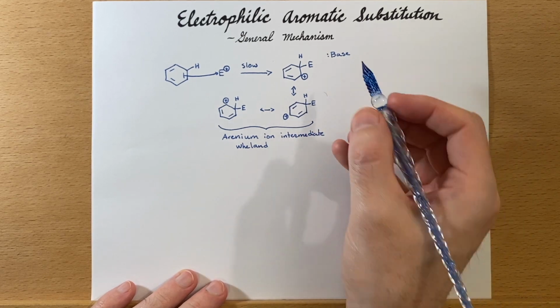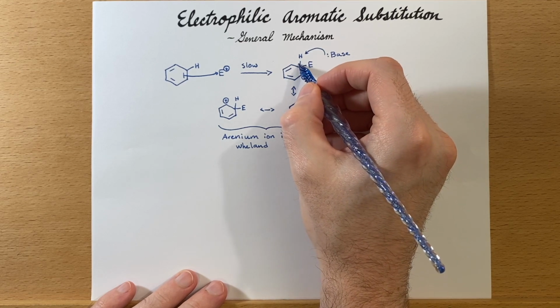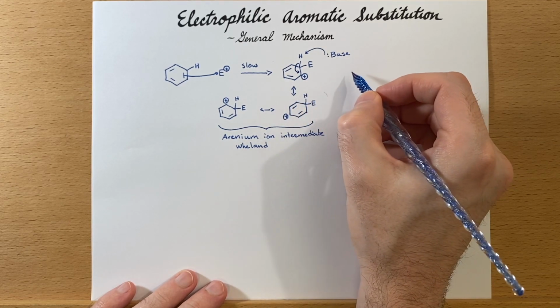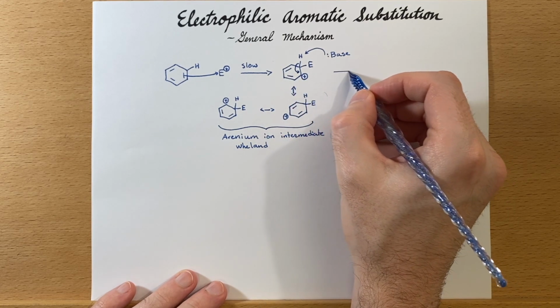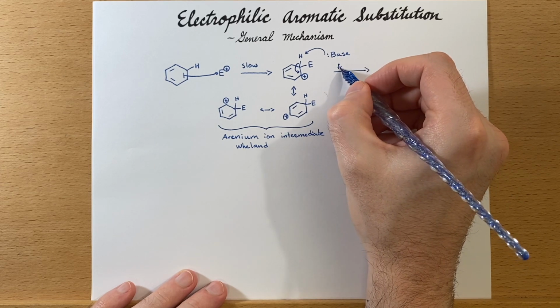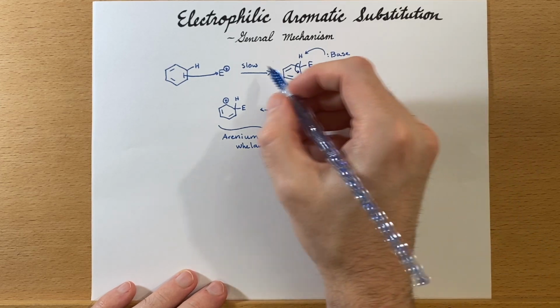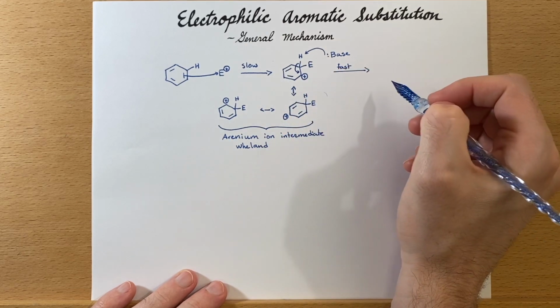However, we don't really need a strong base because we do want to reform this aromatic ring. And this second reaction is relatively fast. So the rate determining step is breaking the aromaticity and forming a carbocation.